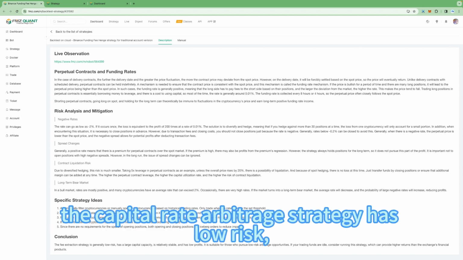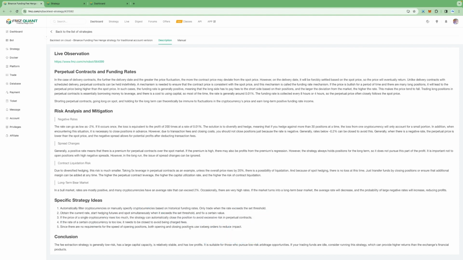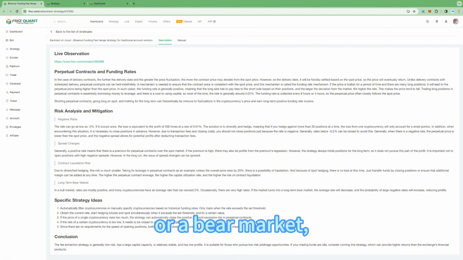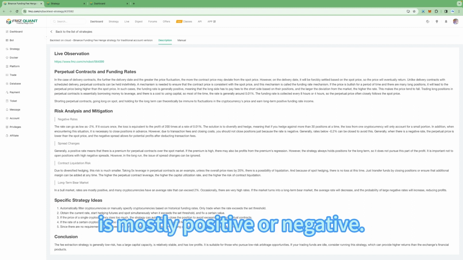Overall, the funding rate arbitrage strategy has low risk, large capital capacity, and is relatively stable. The specific profit depends on whether the overall market situation is a bull market or a bear market, and whether the funding rate is mostly positive or negative.